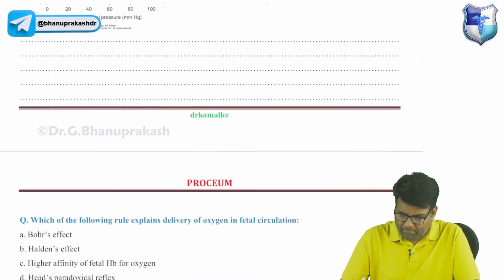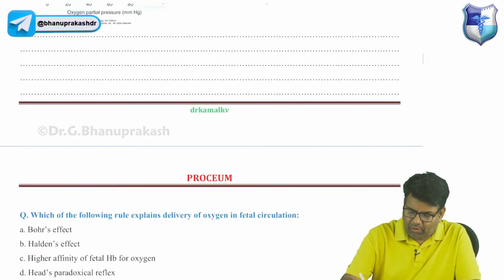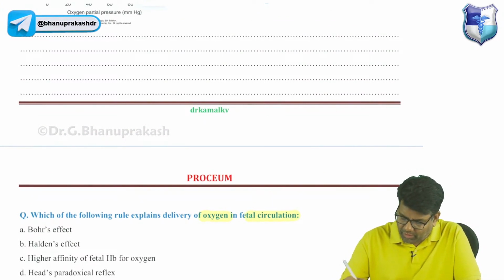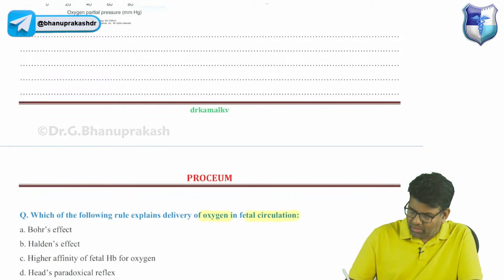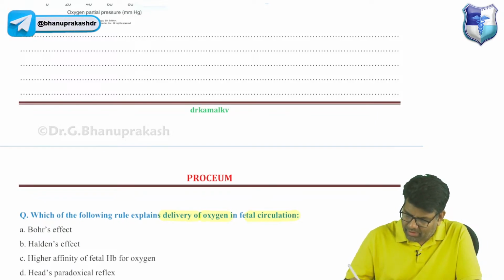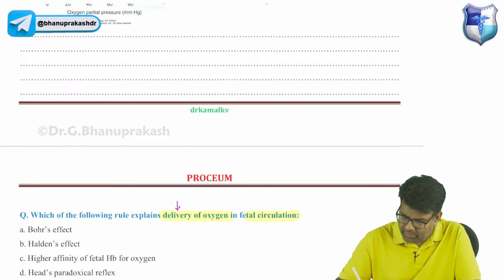Now, which of the following explains the delivery of oxygen in fetal circulation? Yes, Krishna, you are right. Delivery of oxygen in fetal circulation is, no, this is about delivery.